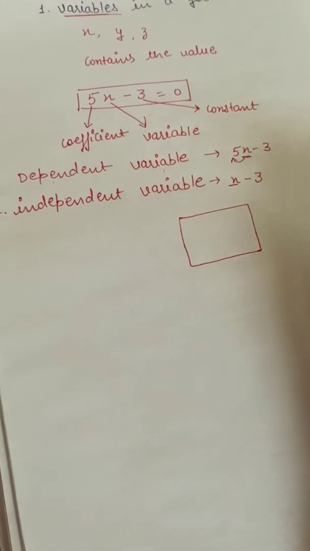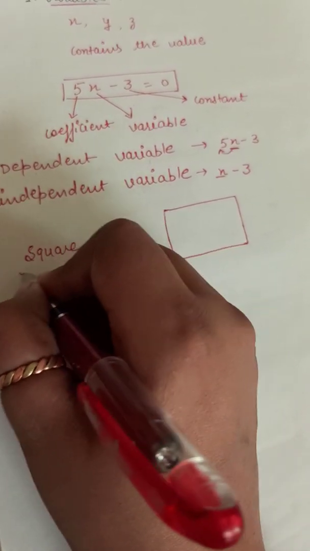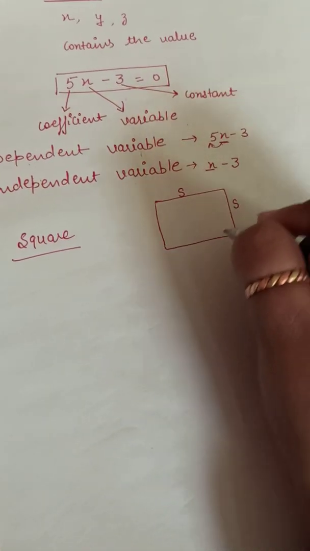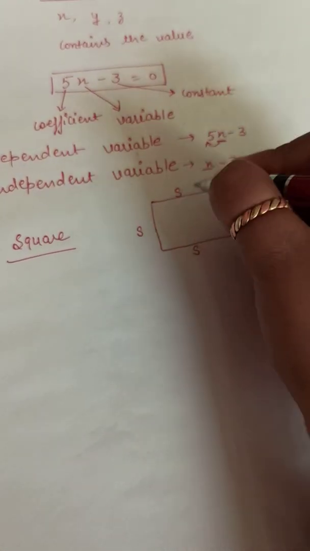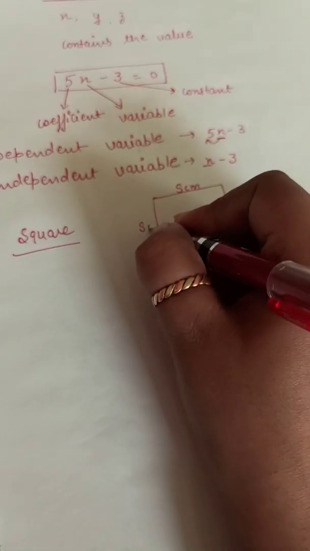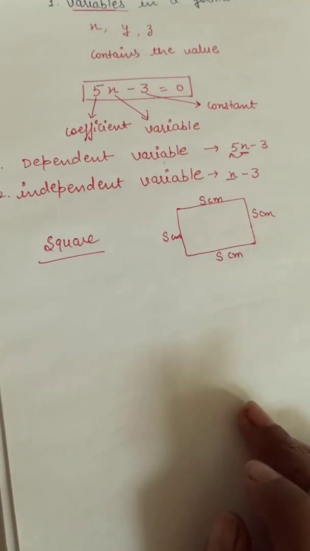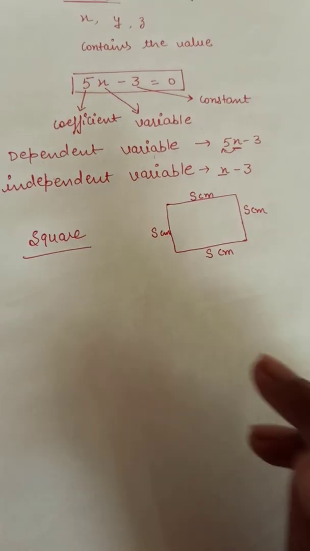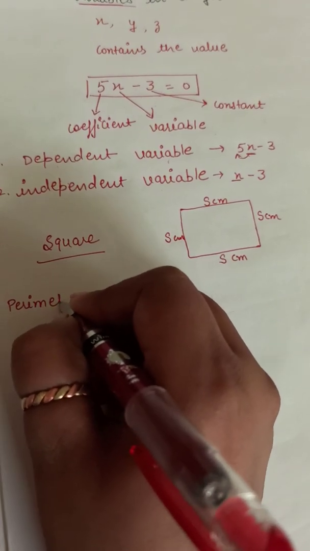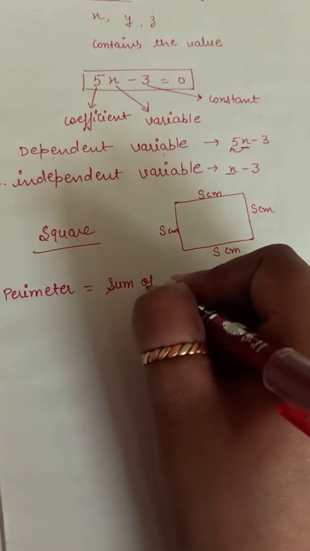See beta, this is a square. All sides are s, s, s, s centimeter. All sides are equal. So what do you mean by perimeter? Perimeter is the sum of all sides.